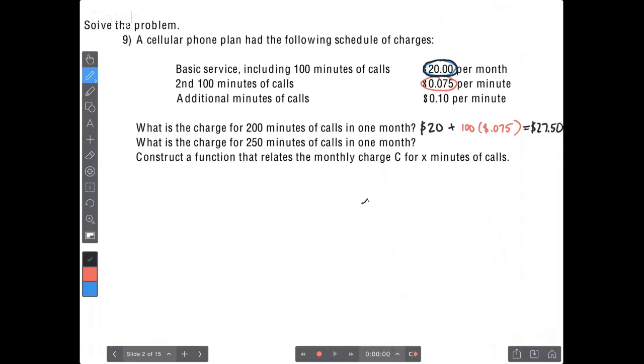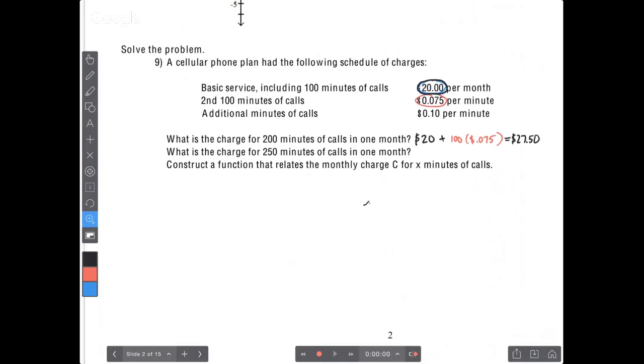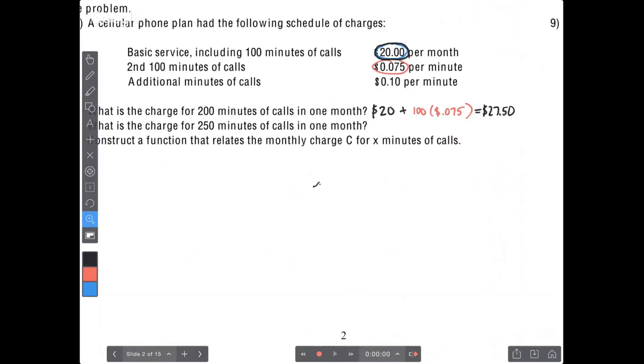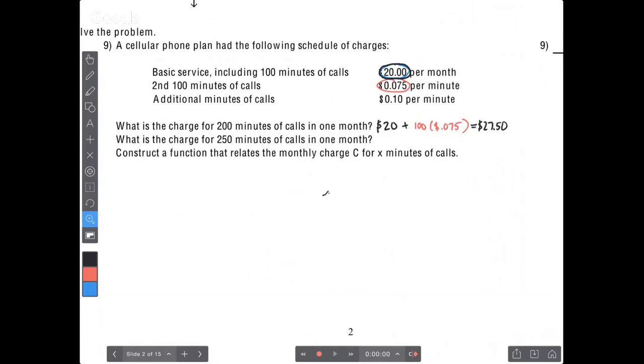Number 9. Oh, I lost my answer key to number 9. Hopefully that's right, but you can check the answer key. Cool. What is the charge for 250 minutes of calls in 1 month? Okay, so 250 minutes of calls. Well, we now know that after 200 minutes you pay $27.50, but let's go ahead and do that part again. You're paying the base cost of 20 bucks. You're paying another 100 minutes at a rate of 7.5 cents per minute.